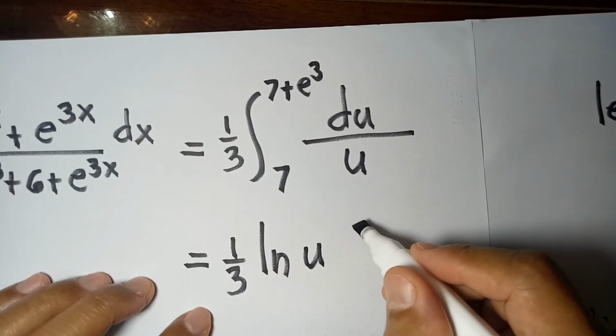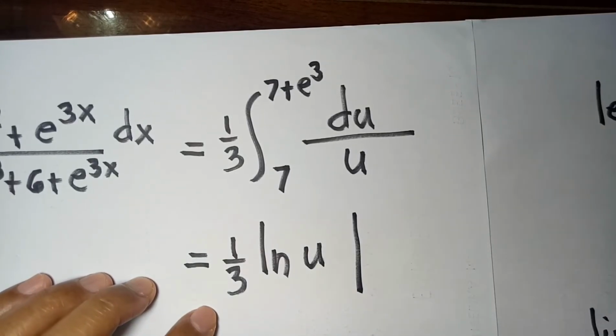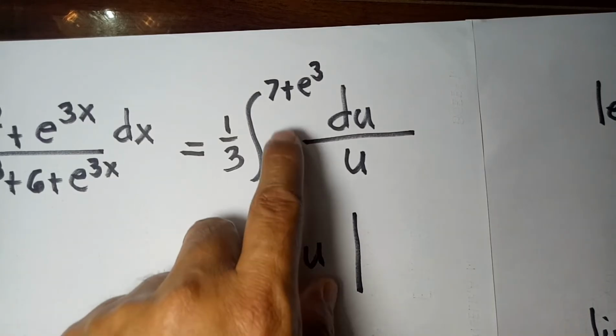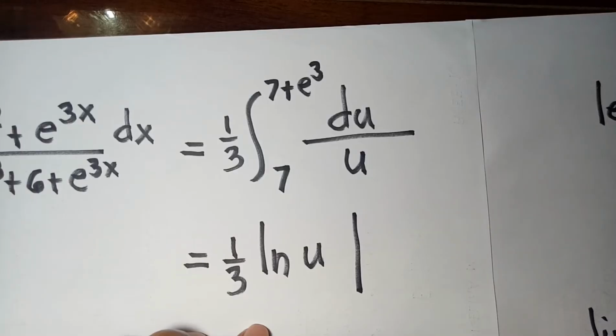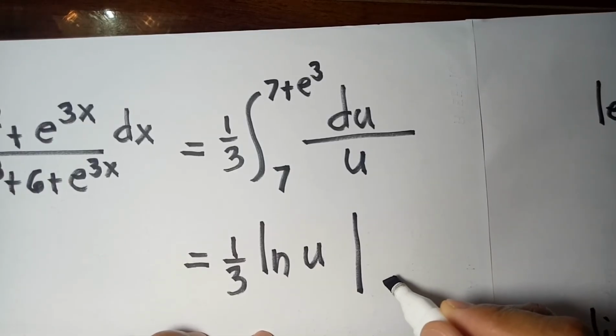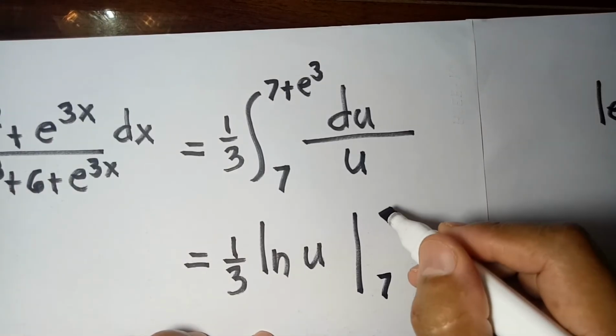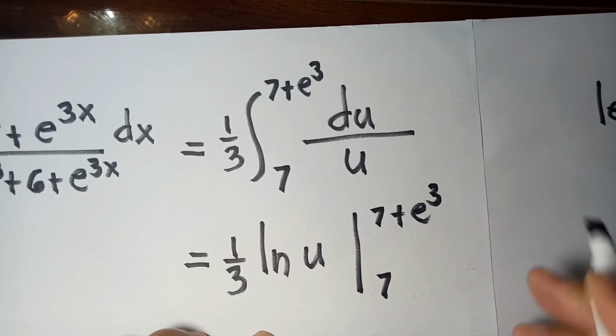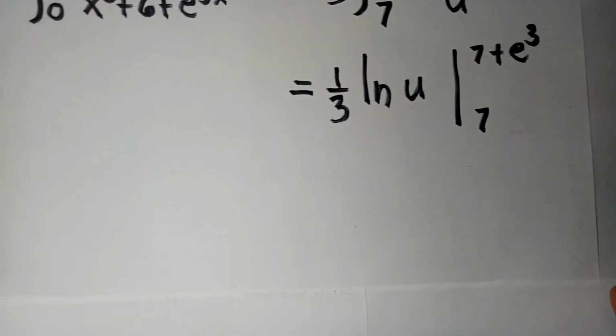Ln of u. So, this time, it is to be evaluated now from 7 to 7 plus e cubed. So 7 plus e cubed. Okay?